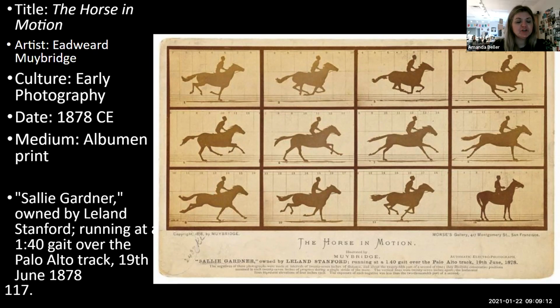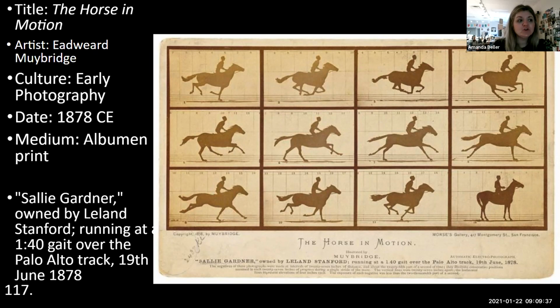So Muybridge took the photos and then he arranged them as this kind of series to be presented as a work of art. But the intention behind the piece, his reason for creating this, was that he was hired by Leland Stanford to win a bet.